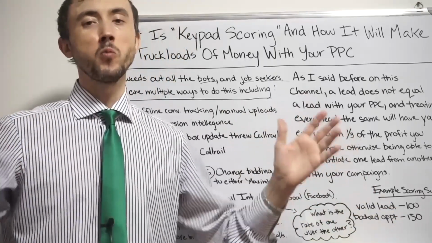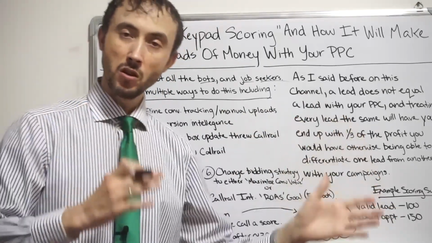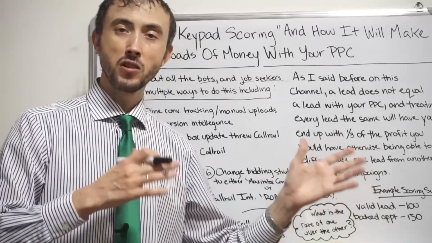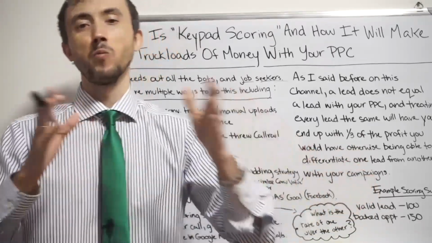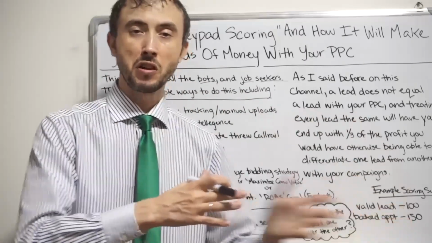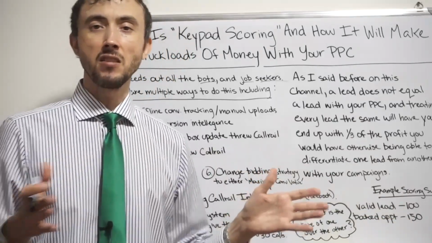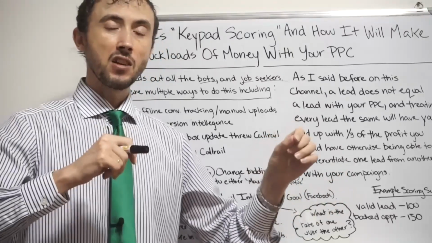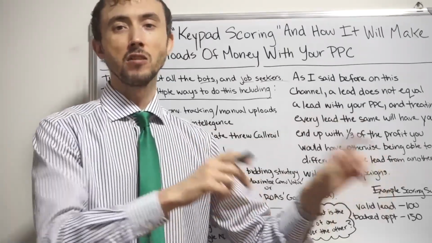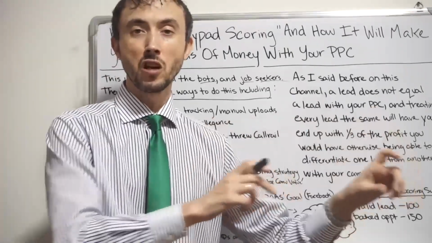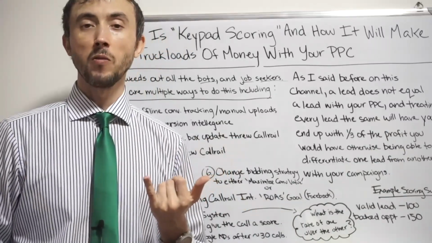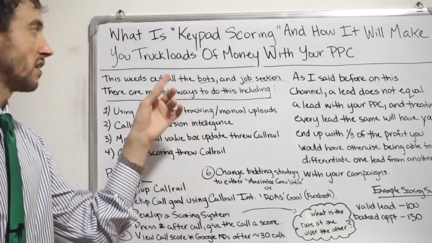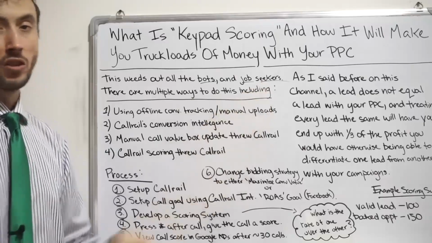So the only way to really optimize your account, manually on your side and through Google's algorithm, in many cases where you're generating lots of phone calls, is to import whether or not that call was a quality call: a legit call that was an actual qualified inquiry, and not a bot that was dead air, or a job seeker.